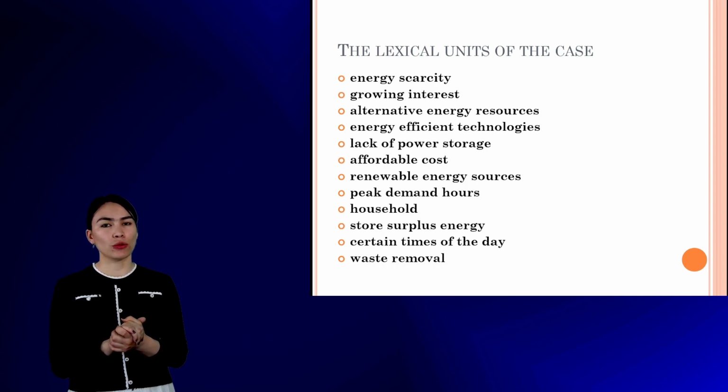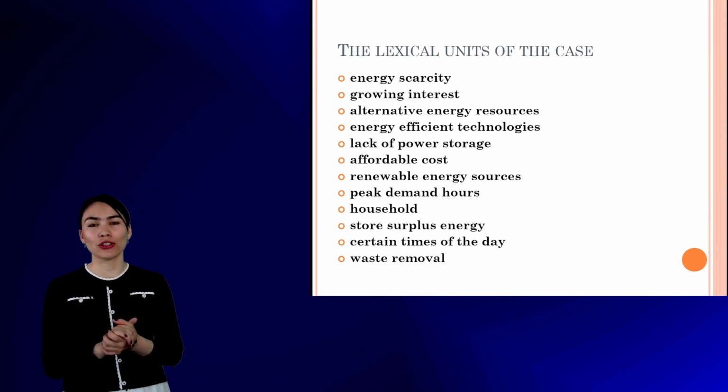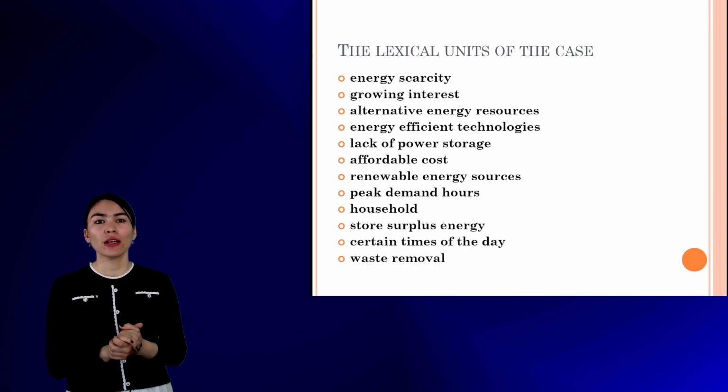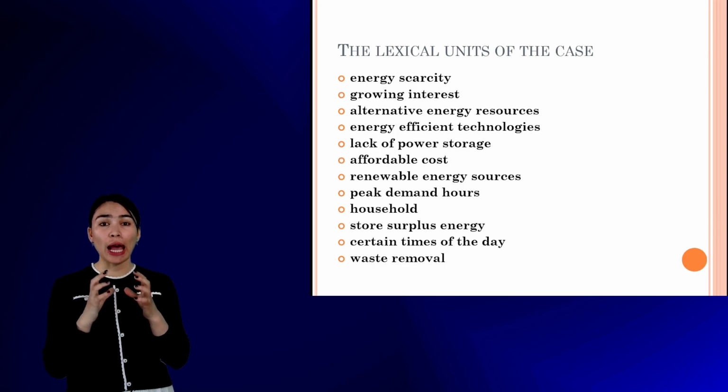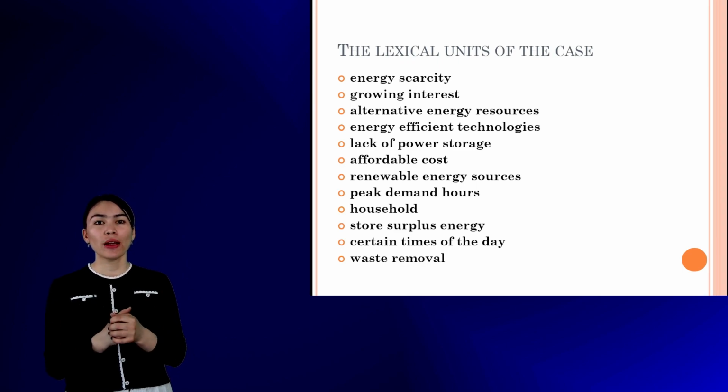The renewable energy sources. I know you know this word. We have discussed the types of renewable energy sources, for example, solar energy is a renewable energy source because its sources can be renewed. Peak demand hours. Peak demand hours are the hours when something is in high demand, so everybody wants it.